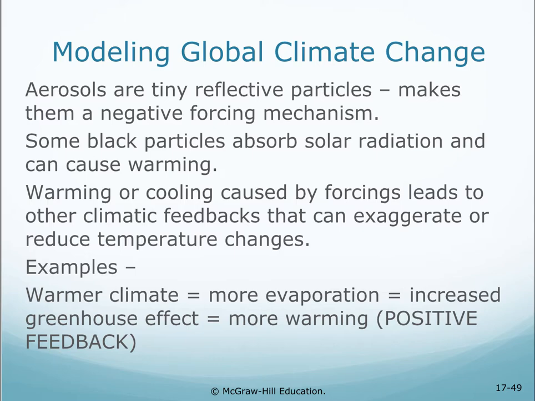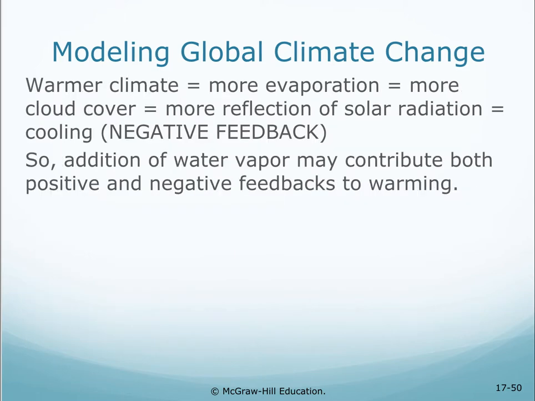This is positive feedback. A warmer climate equals more evaporation, equals more cloud cover, equals more reflection of solar radiation, equals cooling. This is negative feedback. So, addition of water vapor may contribute both positive and negative feedbacks to warming.